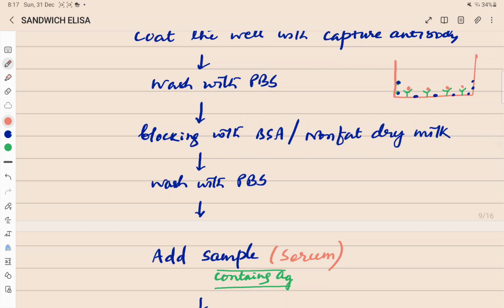Then we will add another antibody, and if that antibody is conjugated with enzyme, then it is direct. If we use an antibody which is unconjugated, then we have to add a secondary antibody. In this case, this enzyme will act when we add the substrate and change it into a color product.